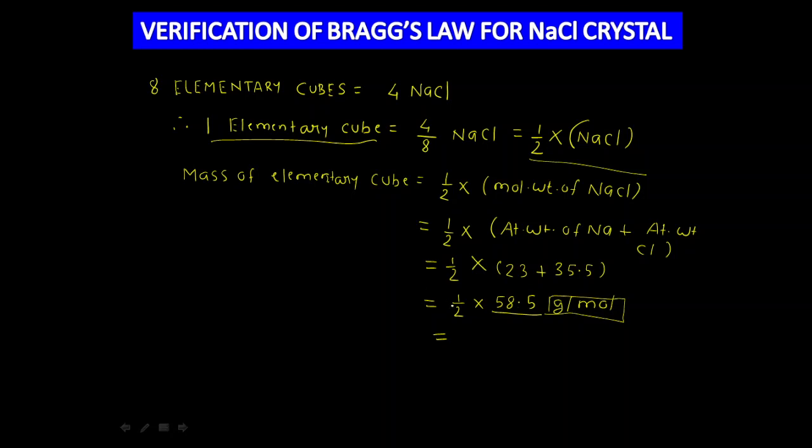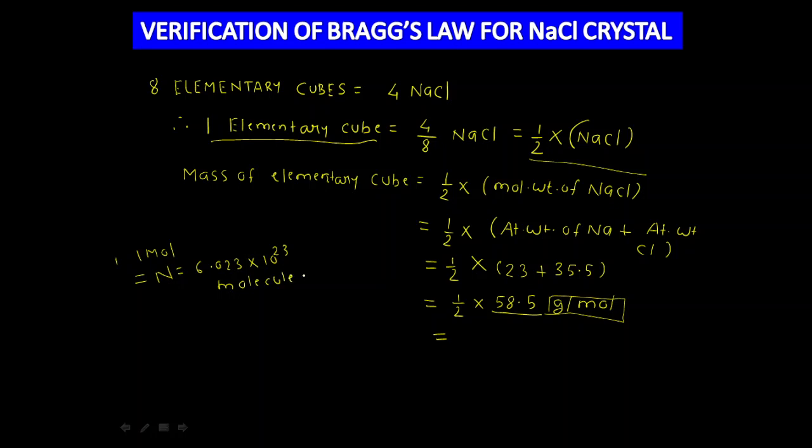And you know that 1 mole means Avogadro's number N, which is 6.023 into 10 to the power 23 molecules.